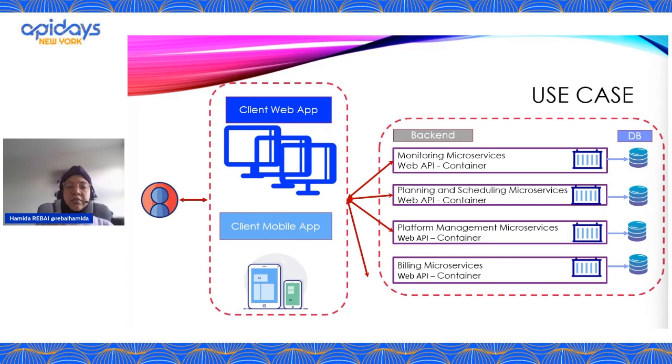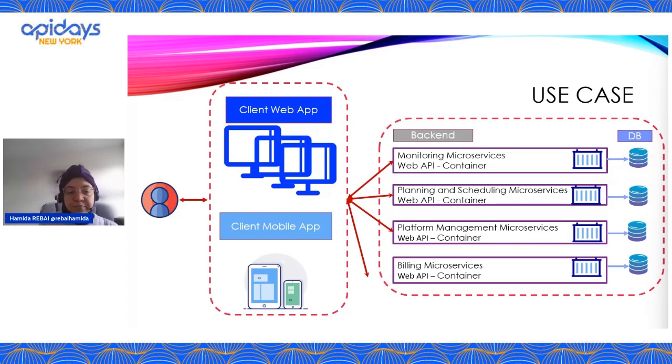We have front end and back end, which are APIs in our case, and they interact directly with the client application. In our scenario, the client apps must send requests directly to the microservices.